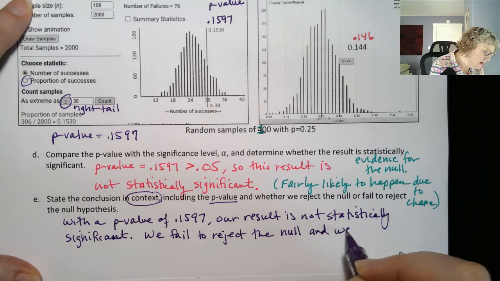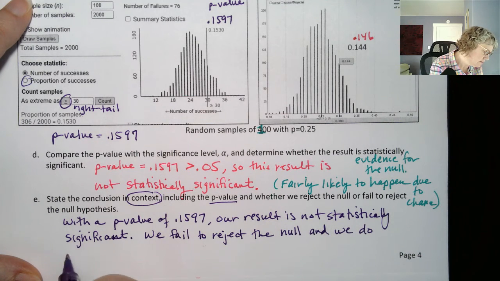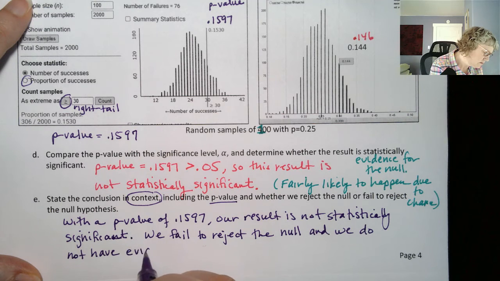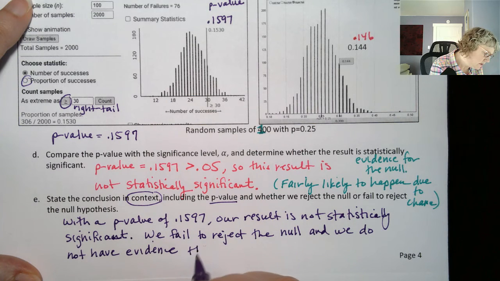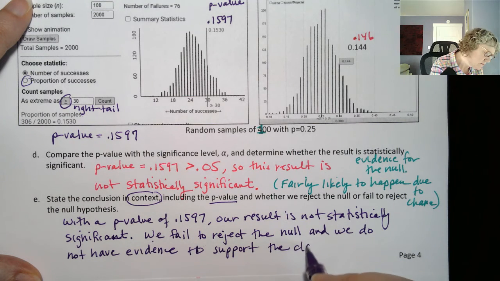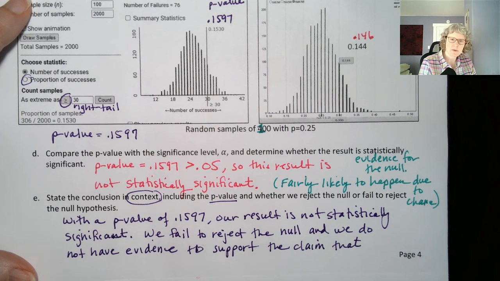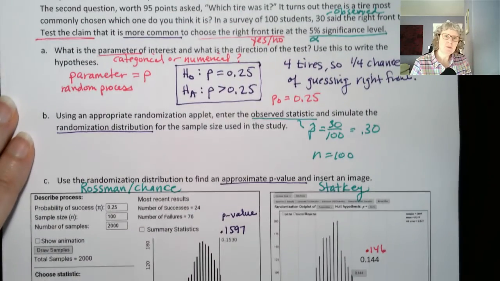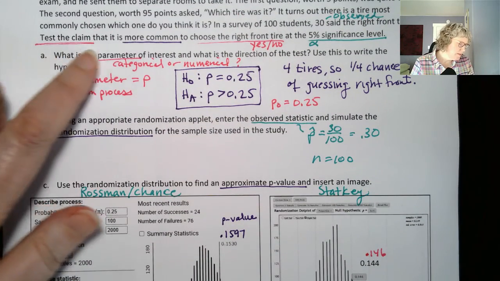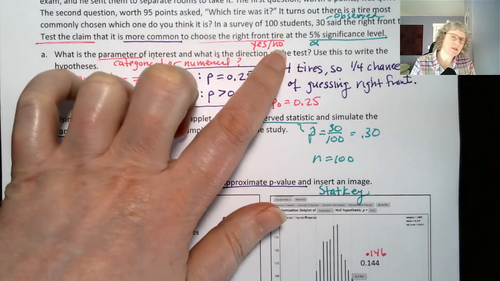And we do not have evidence to support the claim that, and then here's where I go back up to what the claim was. What were we testing? Test the claim that it's more common to choose the right front tire.